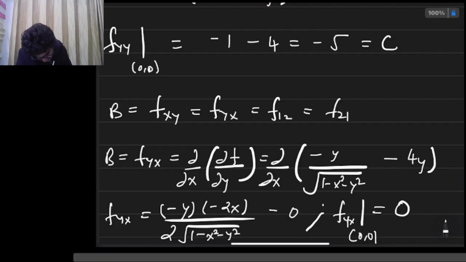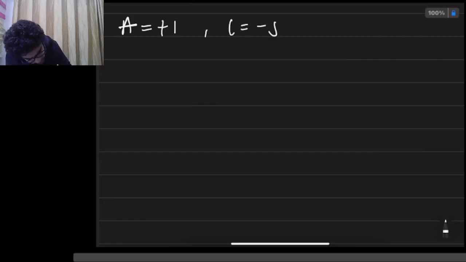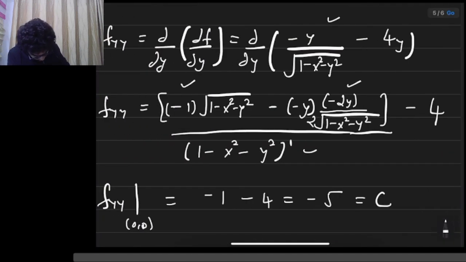So this is basically 0. Now this is my B. Wait a minute, this is my B. So my A was positive 1, my C was minus 5, and my B was 0, which was fyx. We just found this, right?